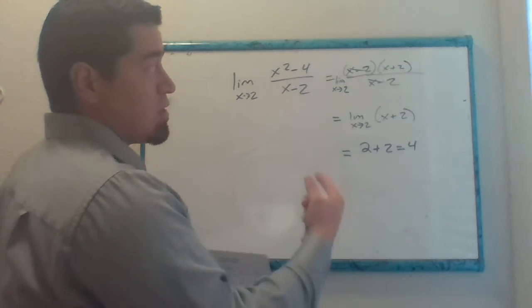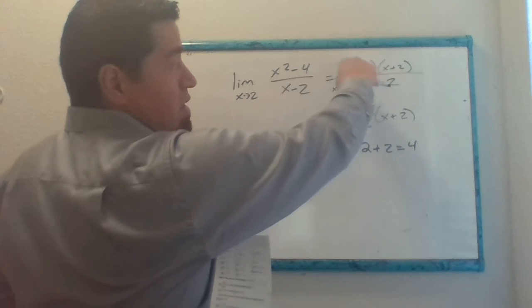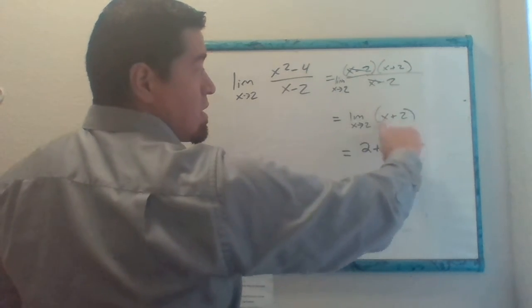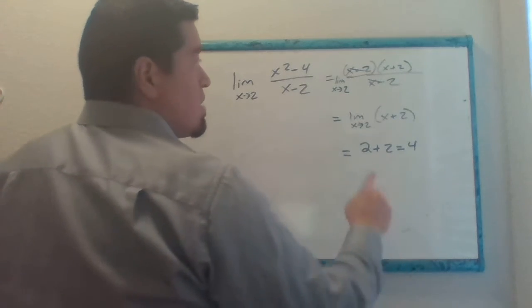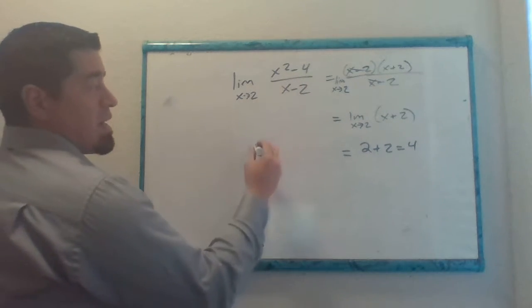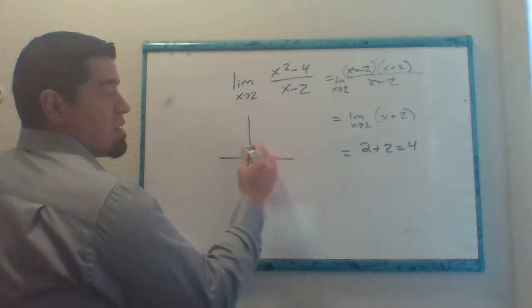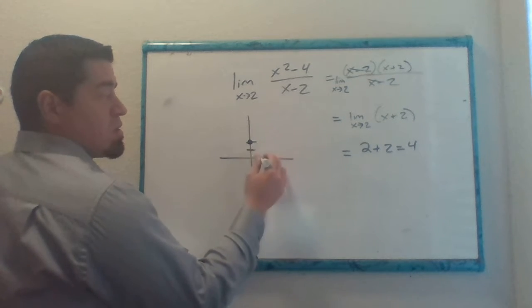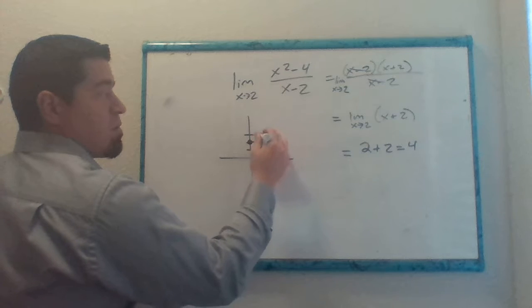So therefore I had to do other means: factored it out, saw that something canceled, and then we end up with x plus 2. So this graph actually looks like y equals x plus 2, where the y-intercept is 2 and my slope is up 1, right 1.